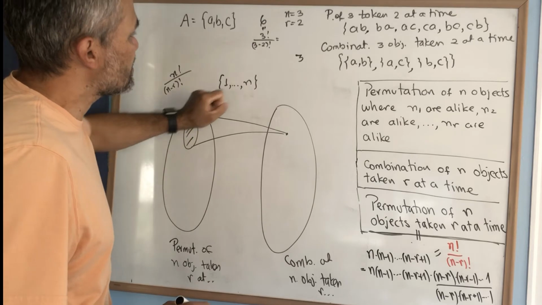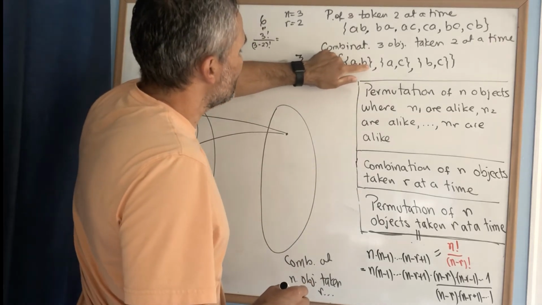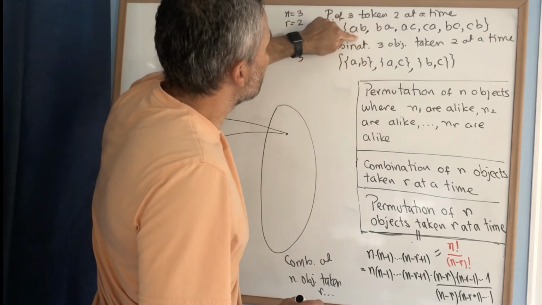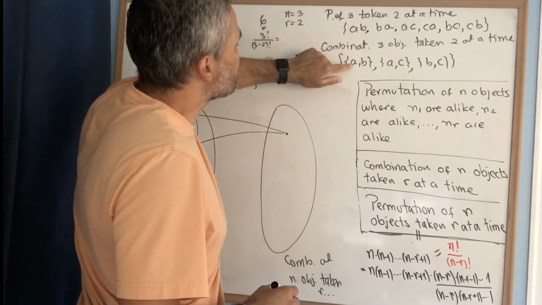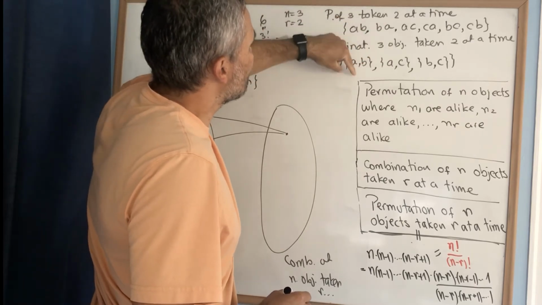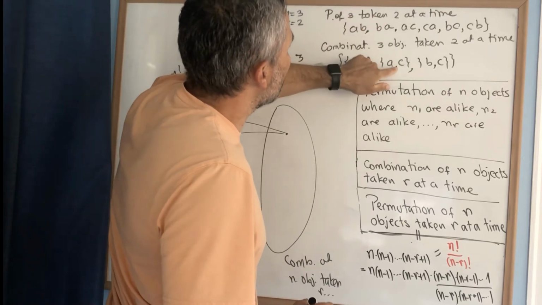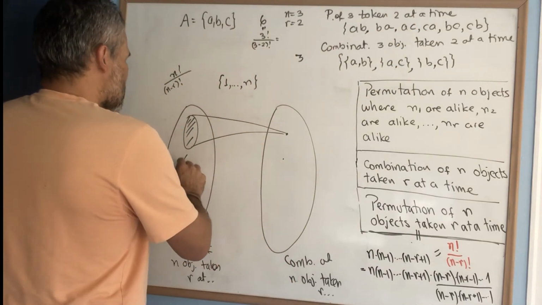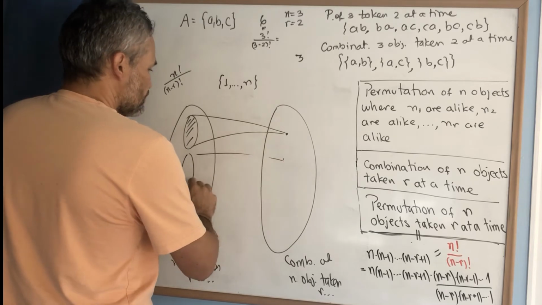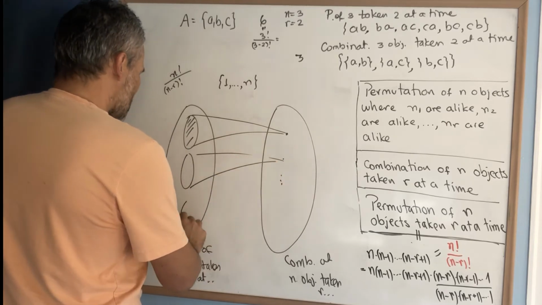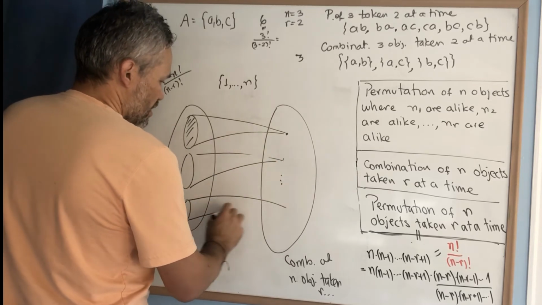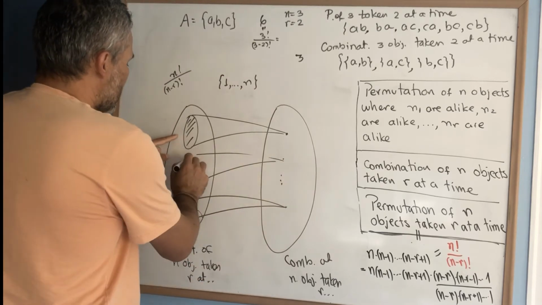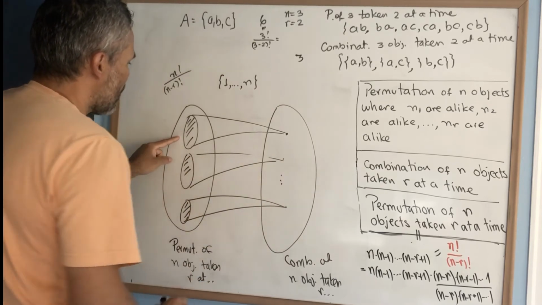For example, for this combination, we have these 2 permutations that use the same elements. For this one, we have these 2. Actually, it's not always the same, but it has the same amount of elements.